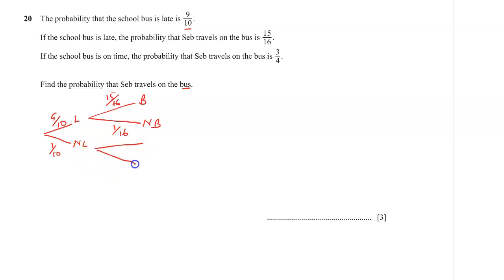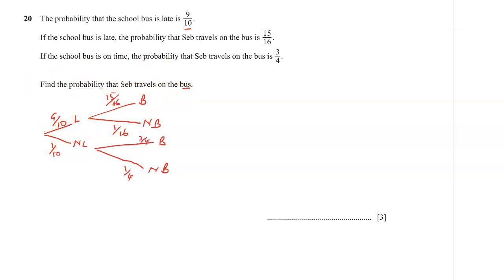We are told that if the bus is on time, not late, the probability that Seb travels by the bus is 3/4. So 3 over 4, Seb takes bus, and then a quarter does not take bus. So find the probability that Seb travels on bus.